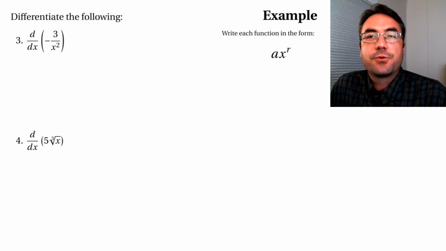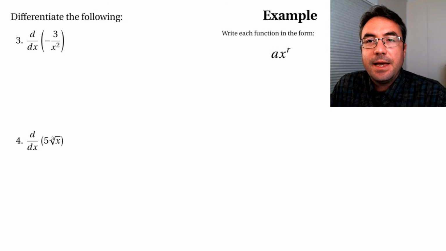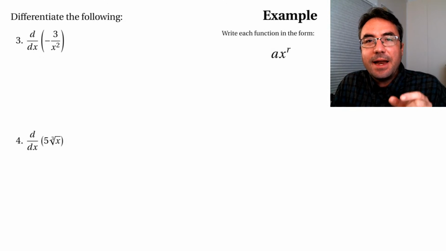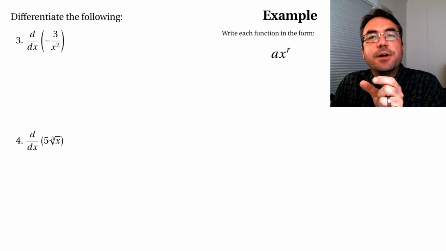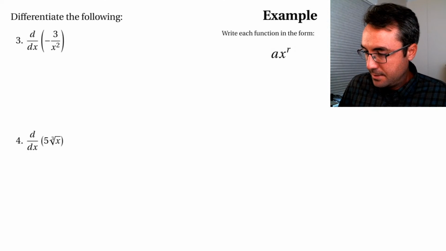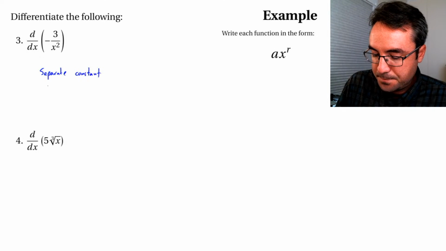So let's look at the derivative of negative 3 over x squared. And again, we're going with the strategy of writing that as a constant times our variable term. So we want to separate them just a little bit. We want to separate the constant terms and the x terms.